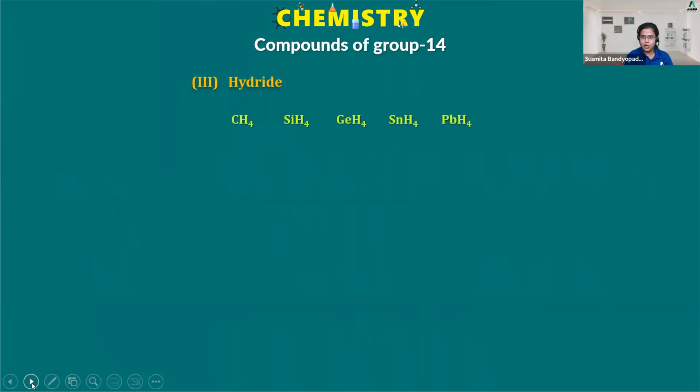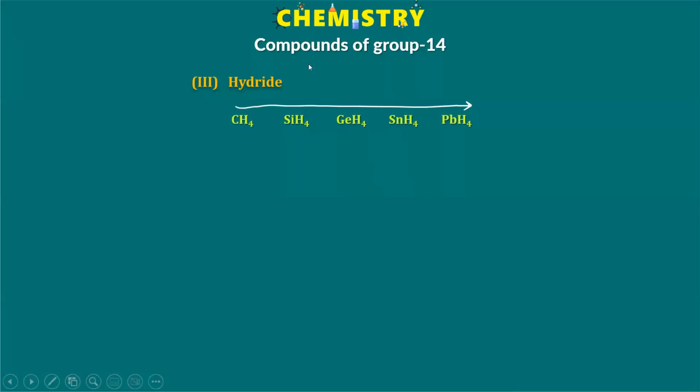Now you have to help me out. As we move from left to right, actually we are going down the group: carbon, silicon, germanium, tin, lead. Here it's written left to right. So officially, the correct one is as we go down the group, the thermal stability of the hydrides, think. Increases down the group? Less stable, decreases.